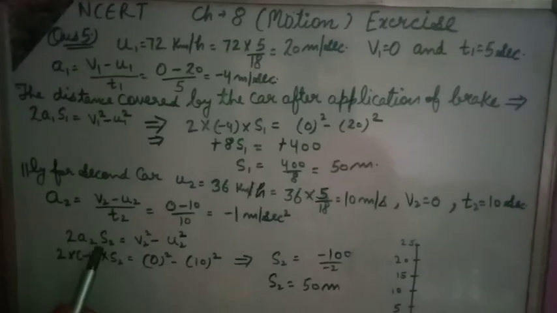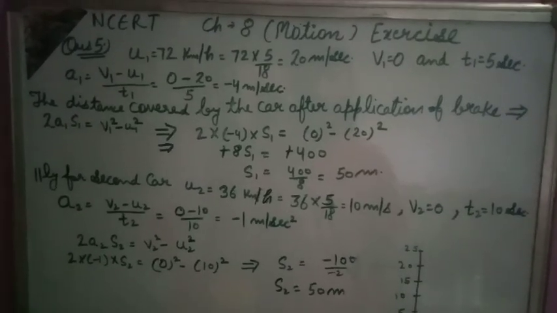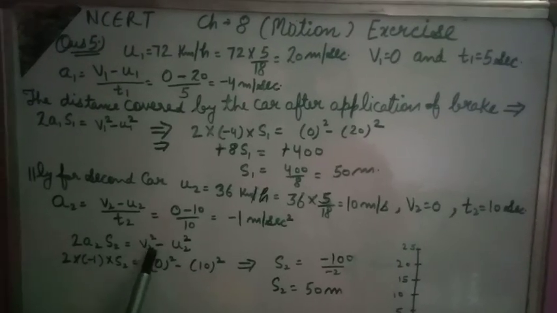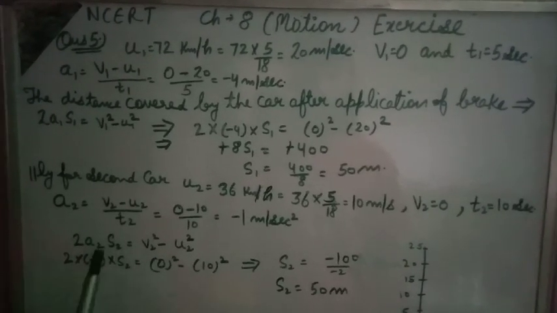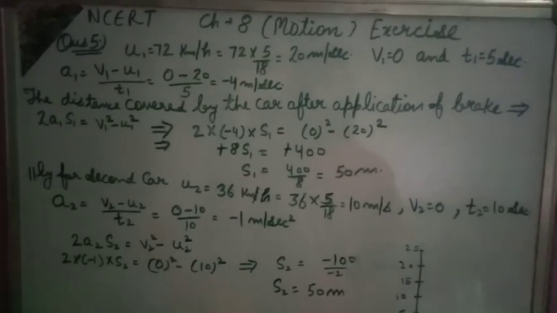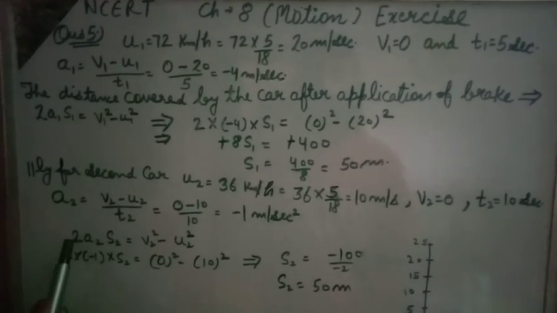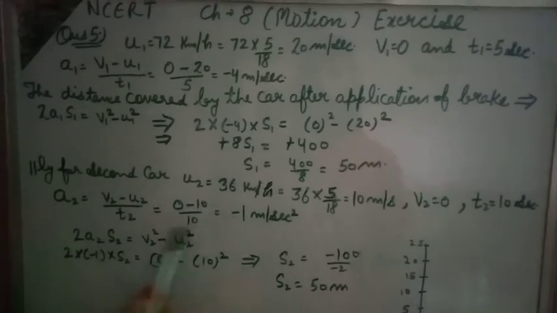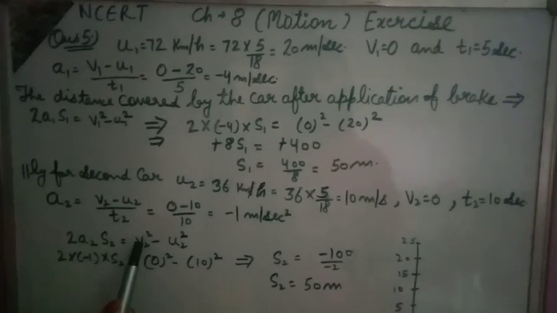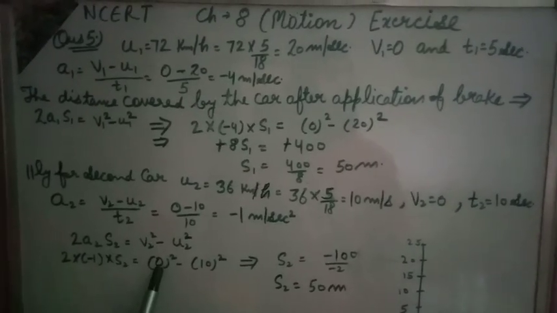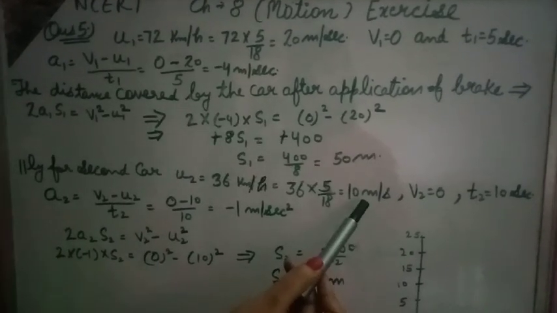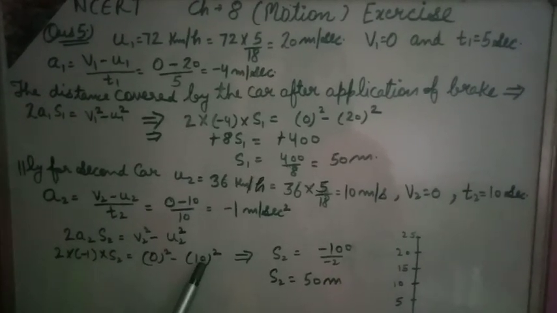Again I will choose the equation of motion as per my convenience. So I have chosen the equation 2·a2·s2 = v2² − u2². I am saying u2 here because it is the second case of the car. Again I will put the values. 2 will remain the same, acceleration value is −1, value of s2 is the distance I have to find out, value of v2 finally is 0 as it is coming to rest, and the value of u2 that I found from here is 10 meters per second.